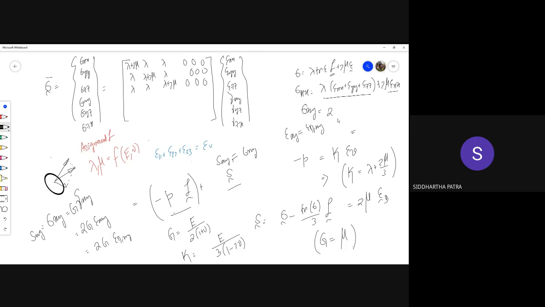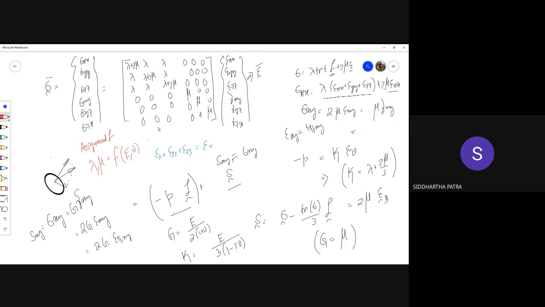So this basically means this quantity is mu times gamma xy. So 0, 0, 0, and mu, mu, and mu. This is how you populate the matrix.